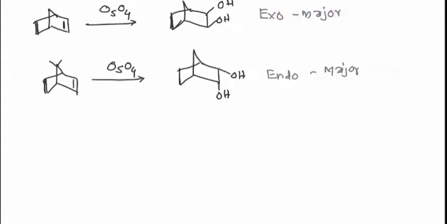OsO4 is one of the very costly reagents. That's why to reoxidize it, we have the co-oxidant. As already mentioned, the co-oxidants further oxidize the byproduct, that is OsO2. The role of the co-oxidant is to further oxidize it. The first reagent is H2O2.